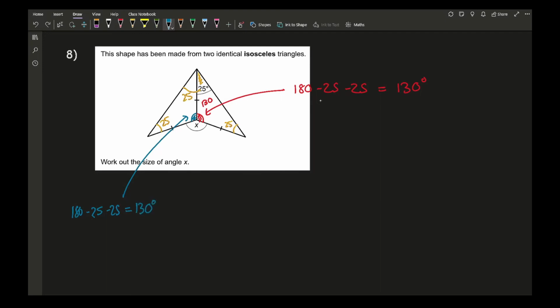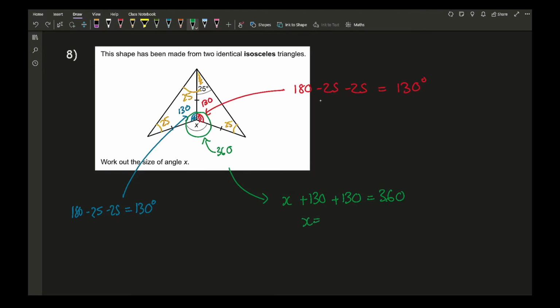And if I do the exact same for the blue angle, 180 minus 25 minus 25 is also going to give me 130. I can then use the rule that angles around a point add up to 360. So therefore, X plus 130 plus 130 add up to 360.